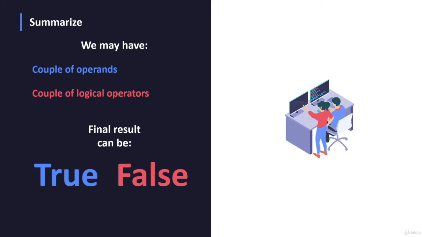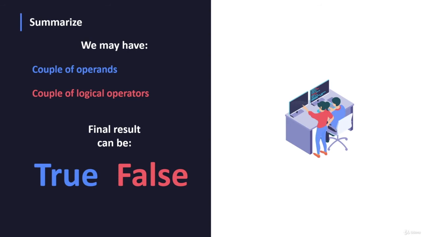It doesn't matter if it's complicated, and it doesn't matter how many operands or logical operators you may use. The final result may only be either true or false. It all comes to this in programming, okay? Eventually, that's all we have. Either true or false, and 0 or 1, and that's how programming works.